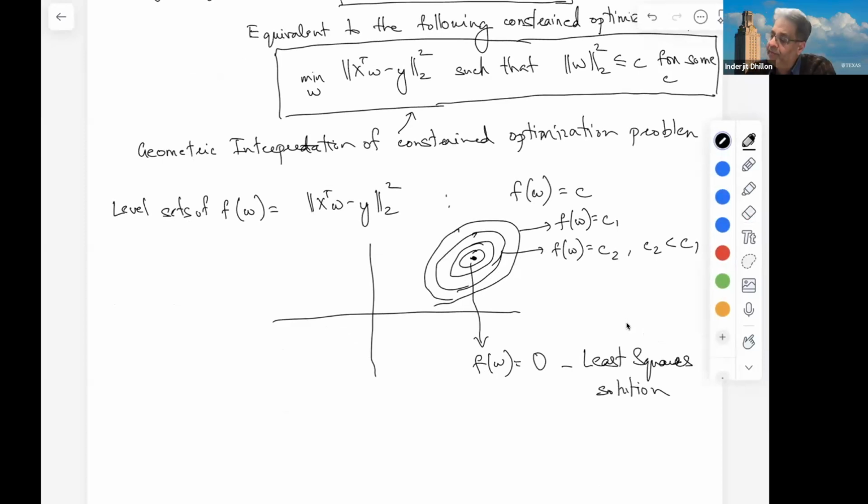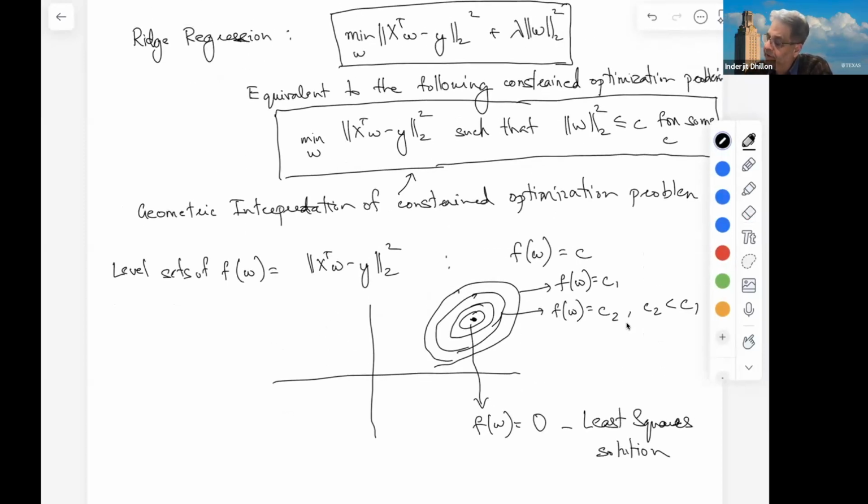And now if I look at my constraint set, this is my constraint set. If I fix a particular C, I guess I should have used a different notation.